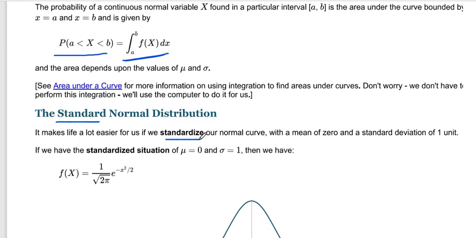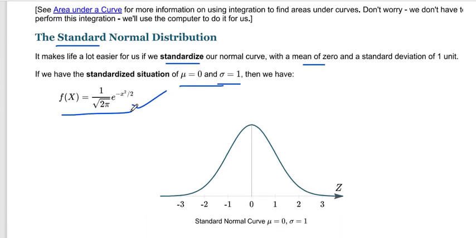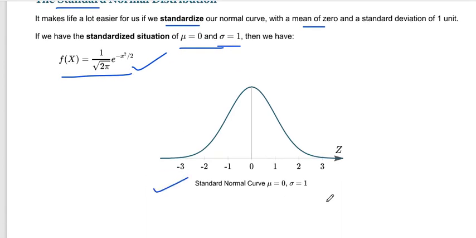If we standardize our normal curve with mean 0 and standard deviation 1, putting mu equal to 0 and sigma equal to 1, we get the simplified formula of the previous complicated formula. This is called the standard normal curve, with mu equal to 0 and sigma equal to 1.